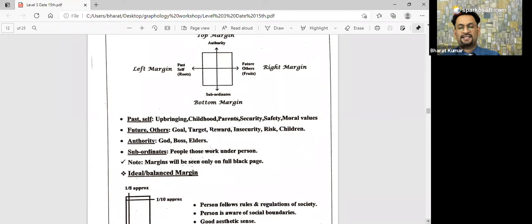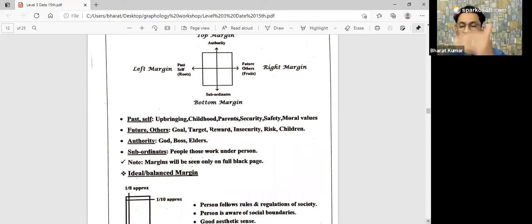If a person has a left margin, it is related to the past. If a person has a right margin, then it is related to the future. In the future, what is the goal? He is goal oriented, target oriented, reward oriented, thinking about risk in life, children, more thinking. If it is a left margin, more thinking about parents; right margin, more thinking about the upcoming generation, बच्चों के लिए ज़्यादा सोचेगा.